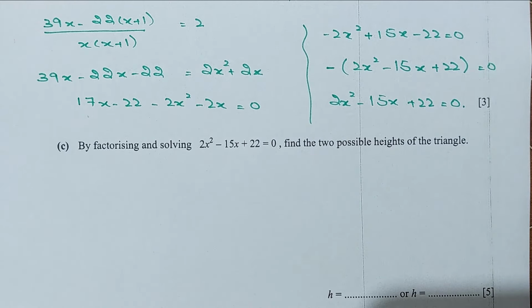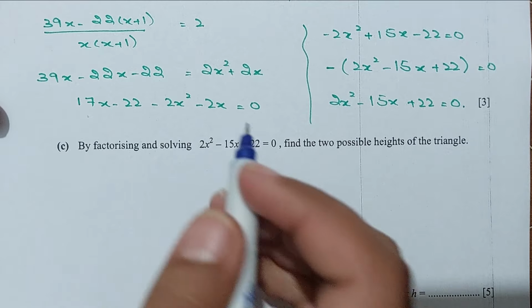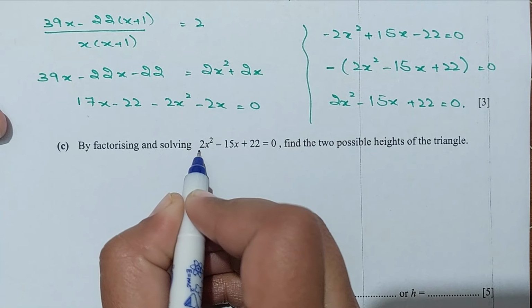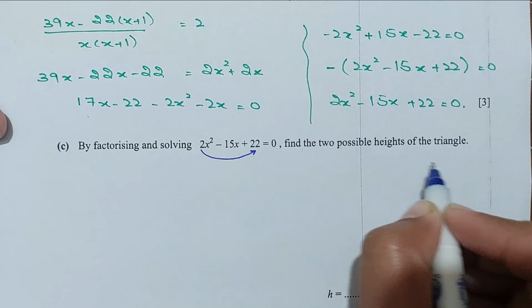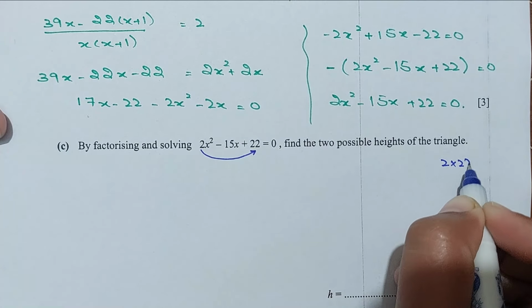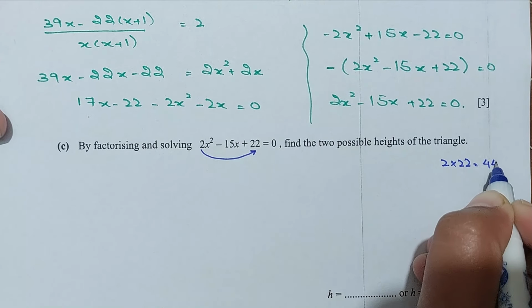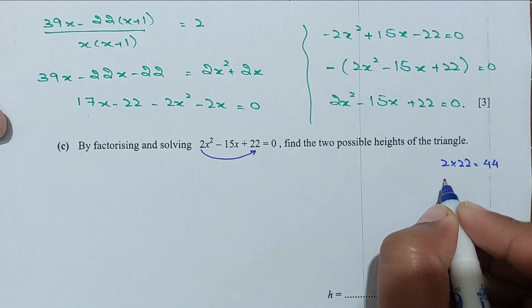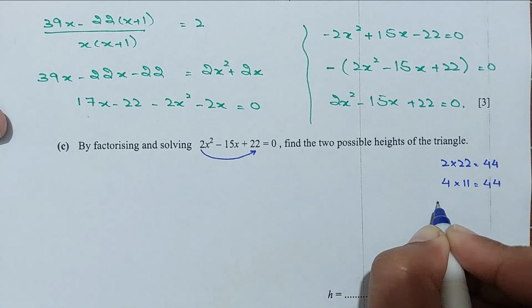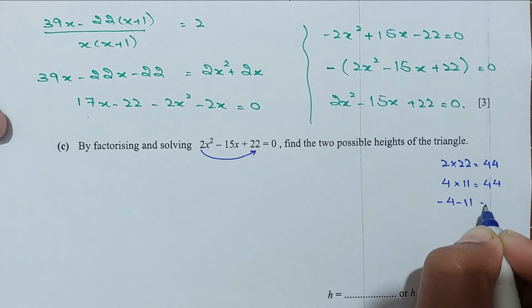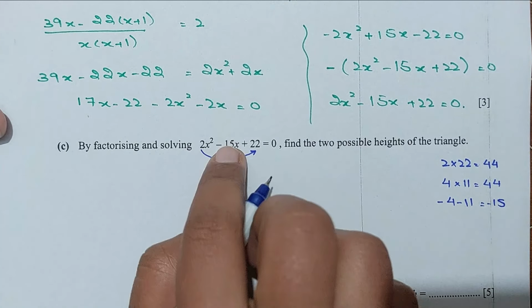factorize. We have to factorize this. So for factorizing, we can multiply the coefficient of x square with the constant term, that is 2 times 22, that is 44. Find out the factors of 44. 4 times 11 is also 44, and when we do minus 4 minus 11, that is negative 15. We can break the middle term.